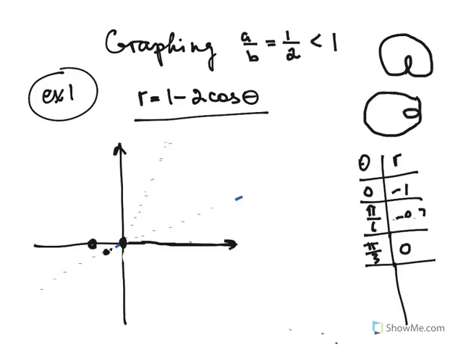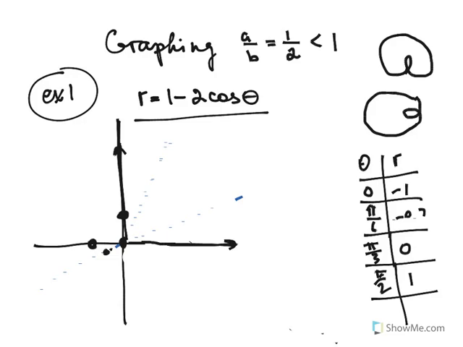How about pi over 2? So 1 minus 2 cosine of pi over 2. Cosine of pi over 2 is 0. So you just get 1. So let's plot this point. Pi over 2, that's where you are, and 1 is right here. Okay, that's where we are. Now let's do more.